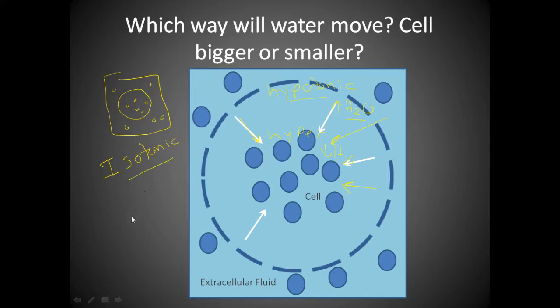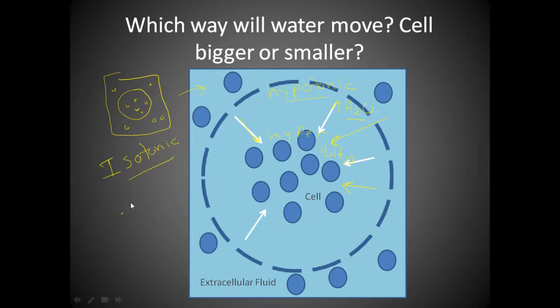Let me give you a practical example of isotonic. When you get an IV, most of the time the IV is going to be isotonic to the cells of your body. What we normally want to do is get fluid into your body, but we don't want to make the cells grow or get smaller.